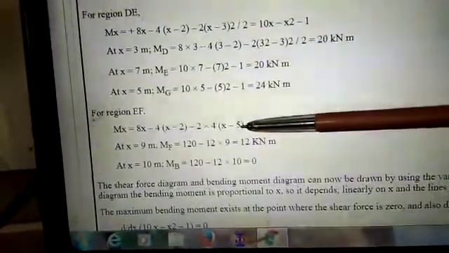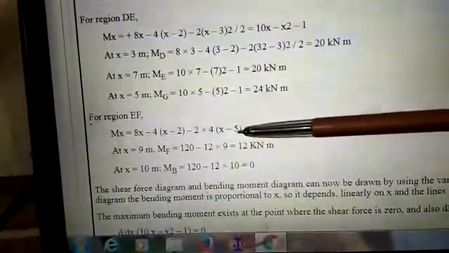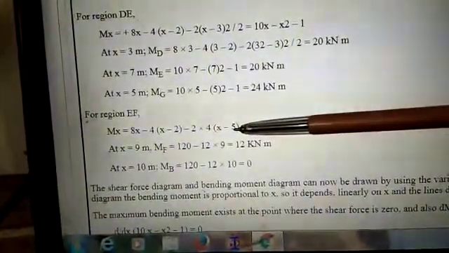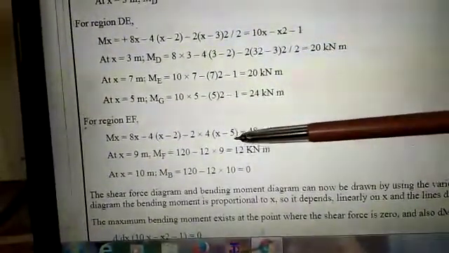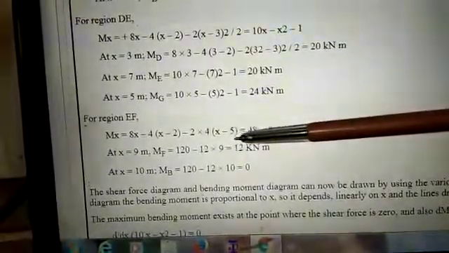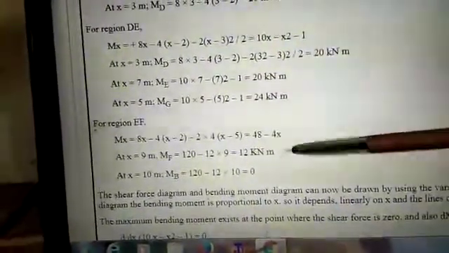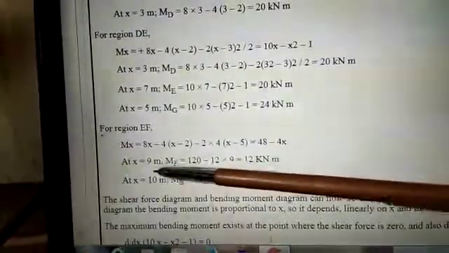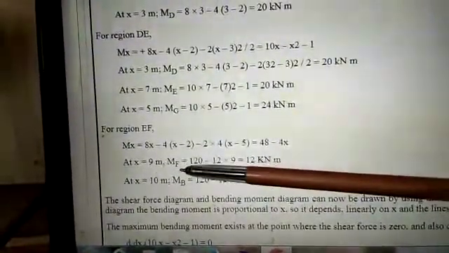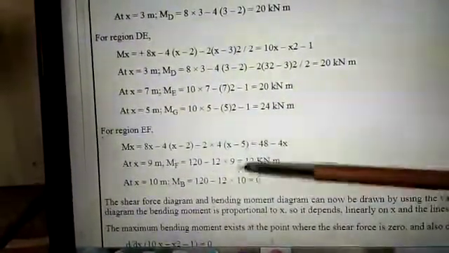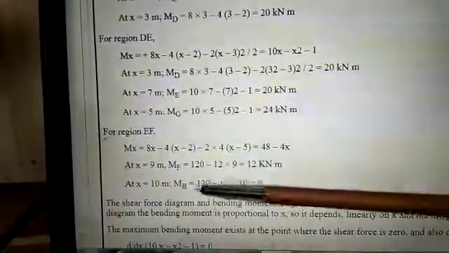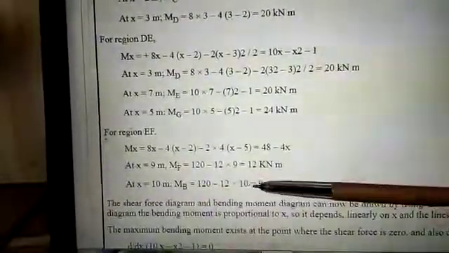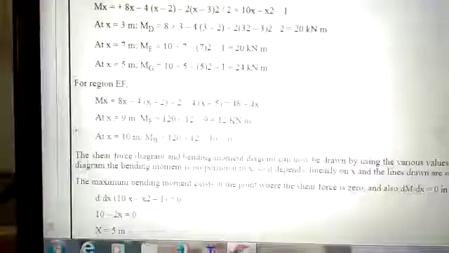How is this obtained? 3, the distance of UDL, plus 4 by 2, that is the distance of the point of application of UDL. So it is obtained as 48 minus 4x. Now at 9 meter distance, we will get the value of moment as 12 kilonewton meter. And we will put x is equal to 10 meter, we will obtain the moment at B. It comes out to be 0. This is the value of moment at all the points.